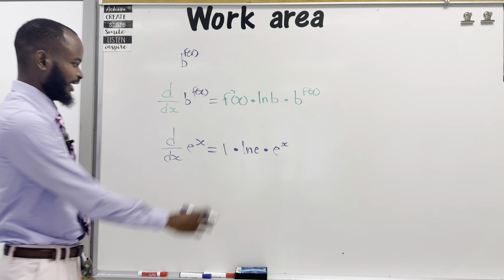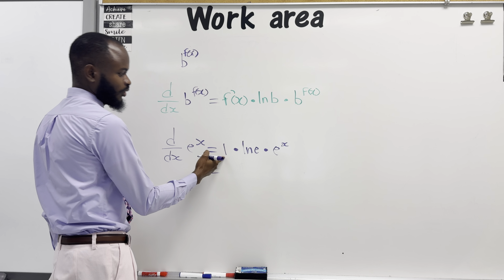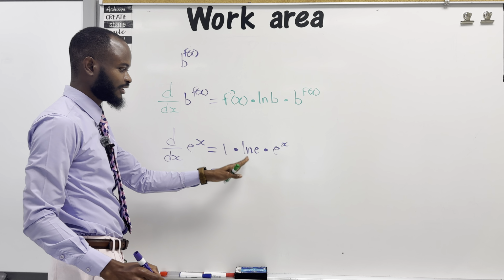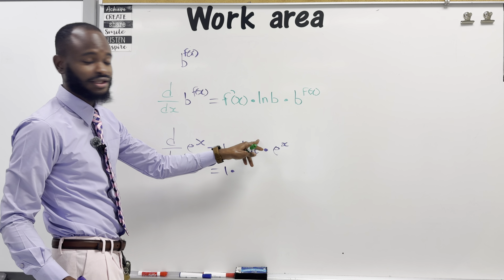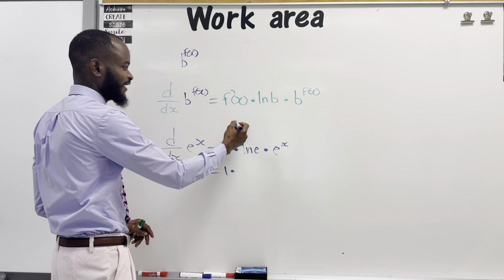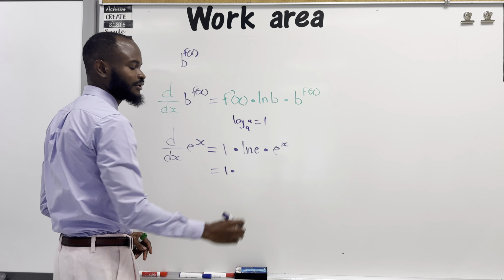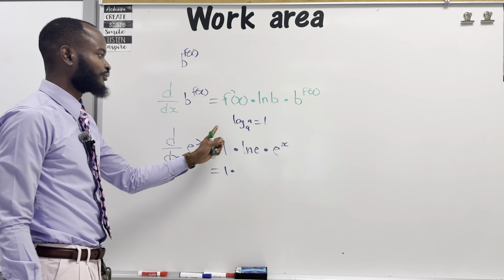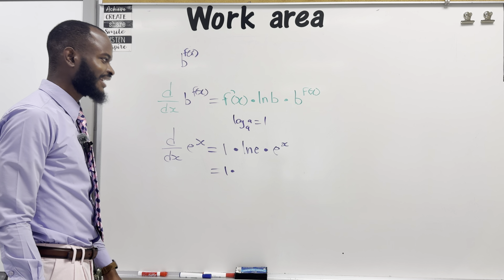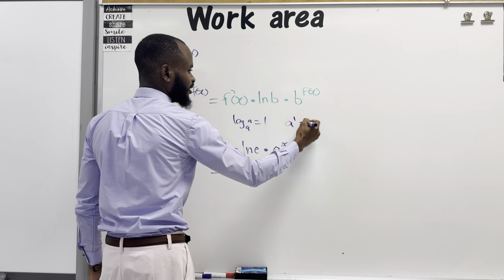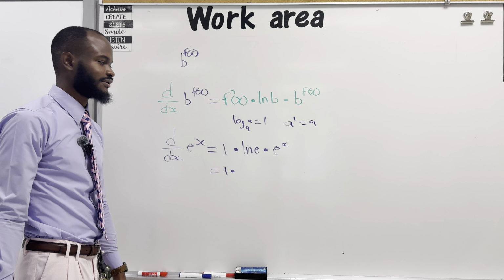Now we can simplify. 1 times ln e is 1, because this is just log base e of e. Recall that log base a of a is equal to 1, because we could rewrite this exponentially as a to the 1 equals a, which makes sense.